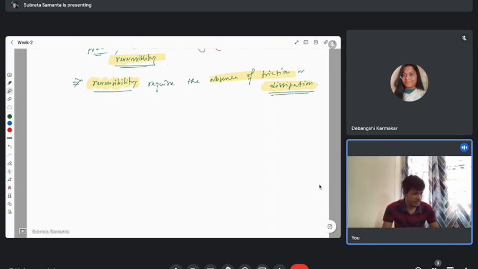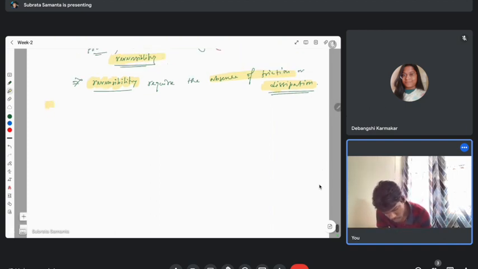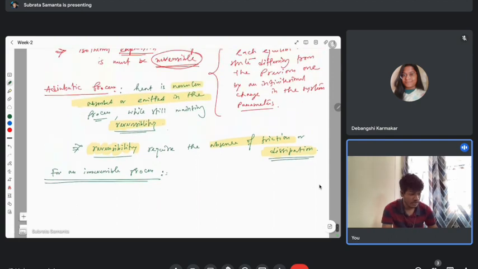For an irreversible process, because there are frictions or dissipations, this kind of thing is there. dw, not dq, dw is greater than or equal to minus P dV.